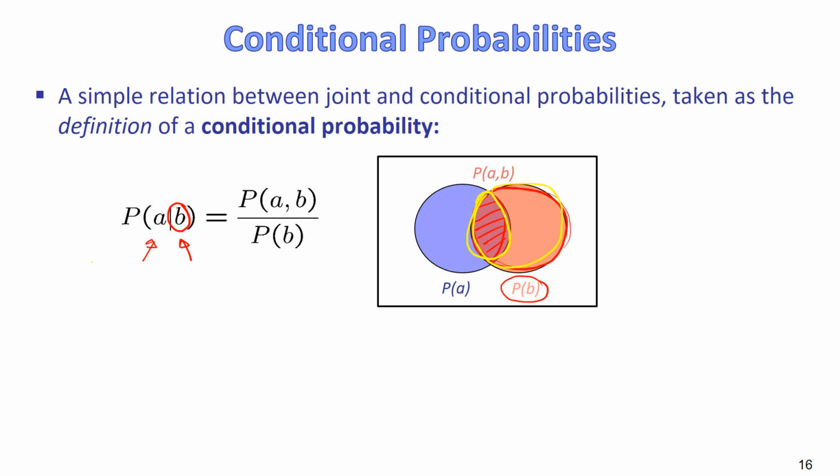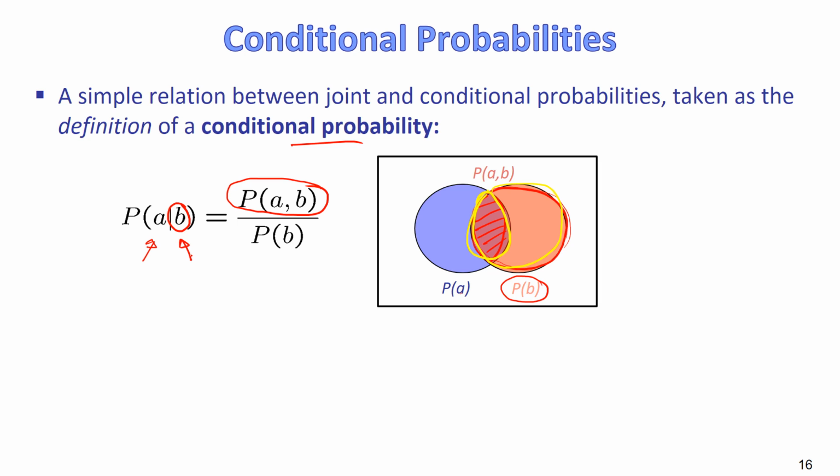Okay, so the conditional probability, the probability of A given B, is the joint probability of both events divided by the probability of the evidence, which is the probability of B in this case. This is one of the very important rules in probabilities, the conditional probability.